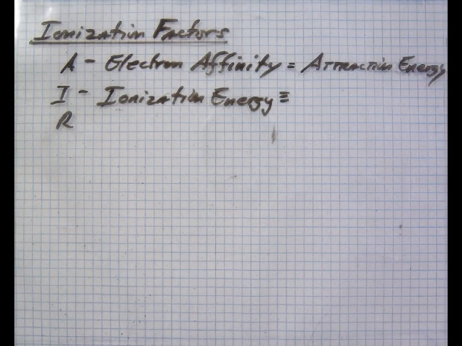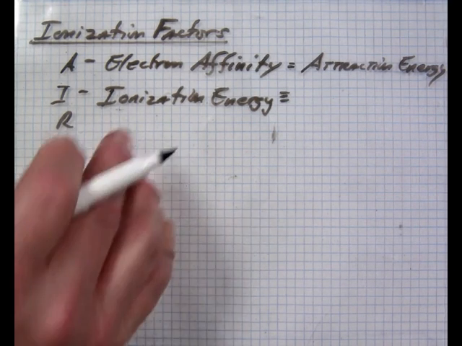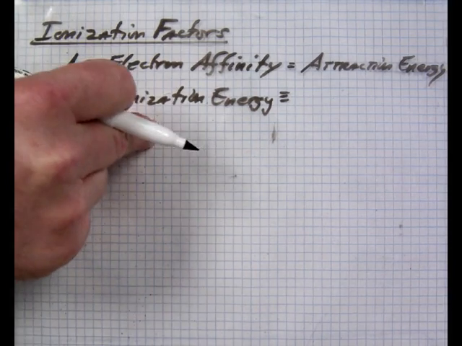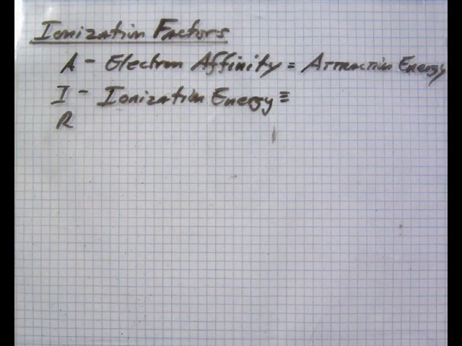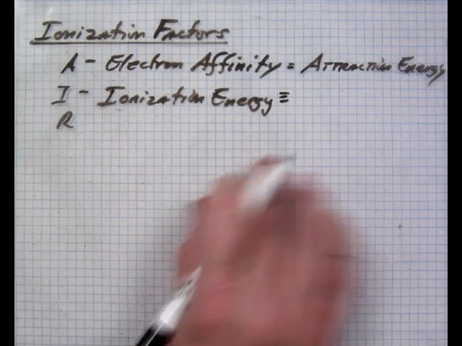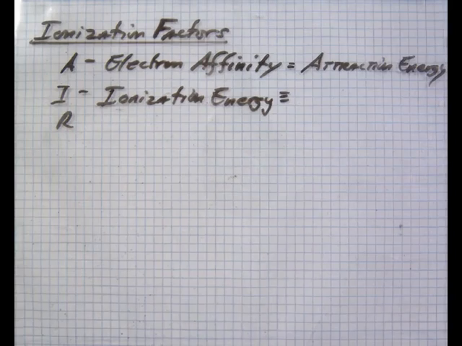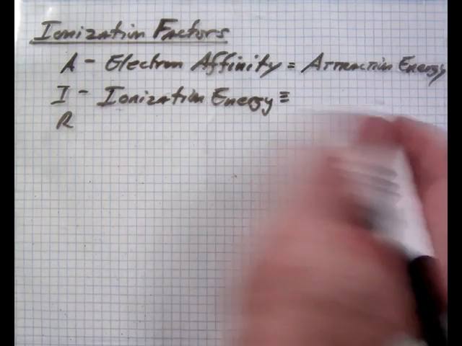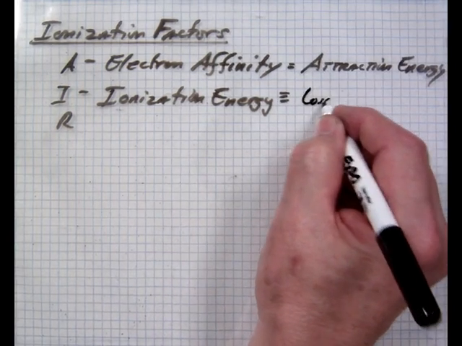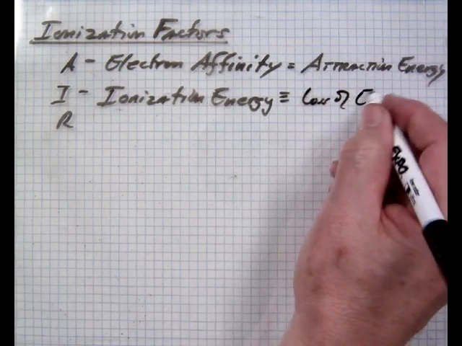Ionization, well, it's gaining electrons, becoming a negative ion. Well, that's true. I'm not going to debate that. But in the textbook, it says electron affinity deals with the description of gaining electrons to form anions, and ionization energy deals with the loss of electrons and the energy needed to knock those out. Ionization energy, simply put, is loss of electrons.